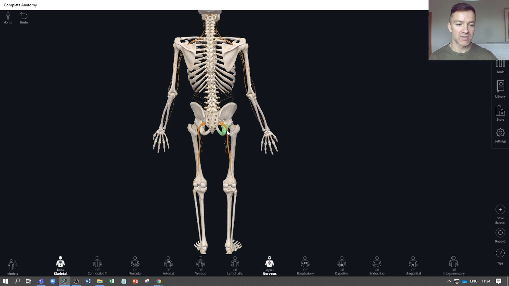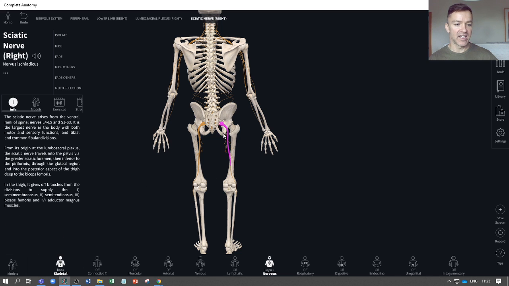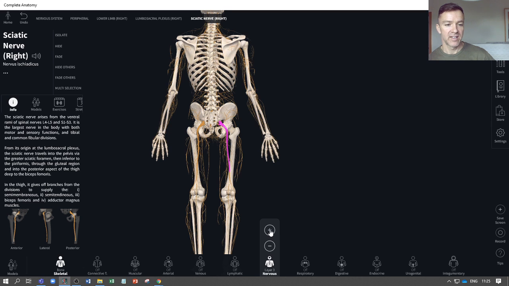The sciatic nerve is highlighted in that fuchsia or pink color there. And that is the nerve we are talking about here. So sciatica is pain associated with irritation to this nerve here. So just while we're doing it, I'll add in all of the nerves in the body there.